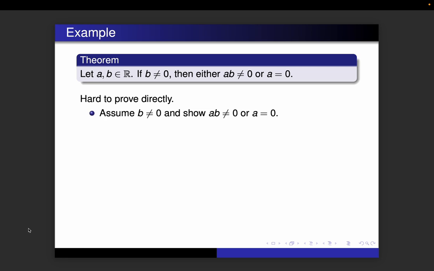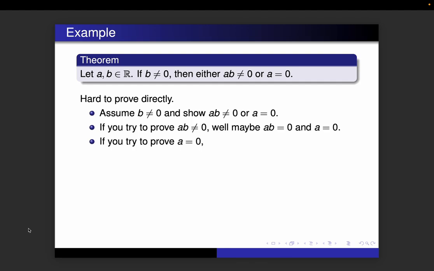So we're assuming that B is not equal to 0, and we want to show that either AB is not equal to 0, or A is equal to 0. So that means we have to prove that one of those is true. Now, if you try to prove that AB is not equal to 0, well, that might not actually be true, right? It might be that AB is equal to 0, but that A is equal to 0. And you say, okay, fine.